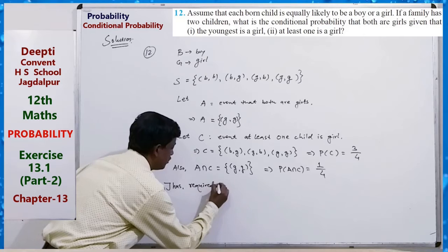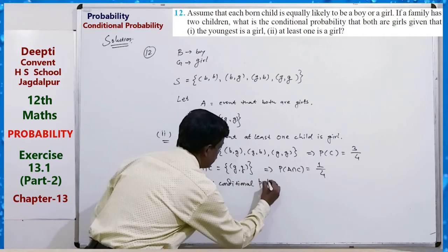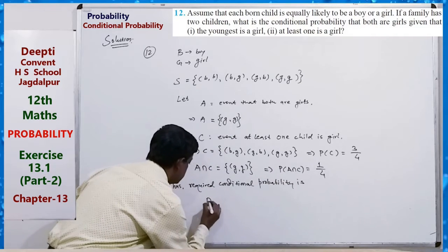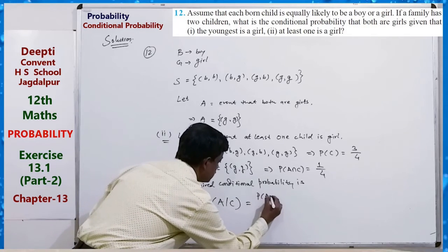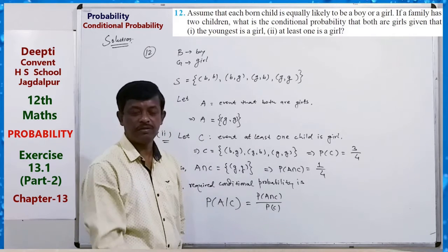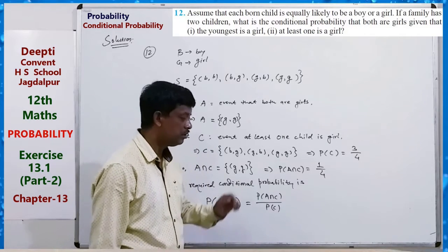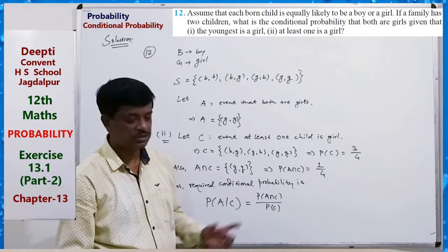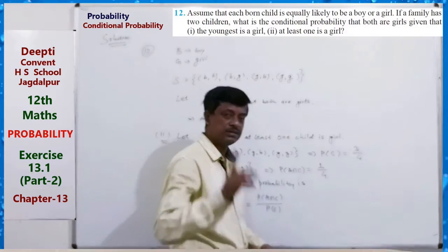Thus, the required conditional probability is P(A by C), which is P(A intersection C) by P(C). This is the probability of both children being girls, given that at least one child is a girl.